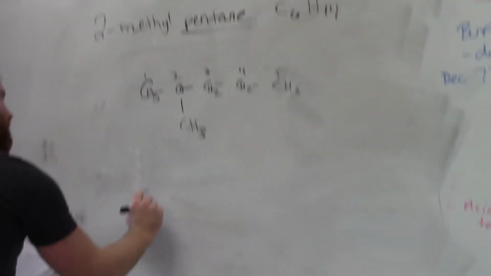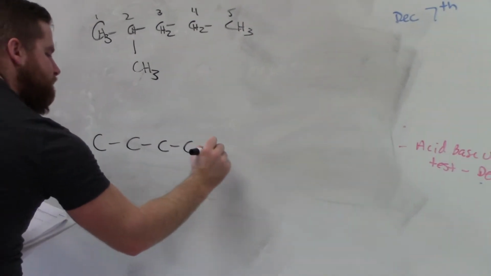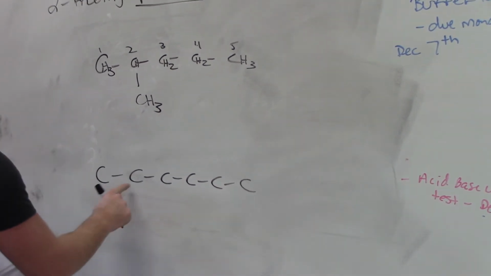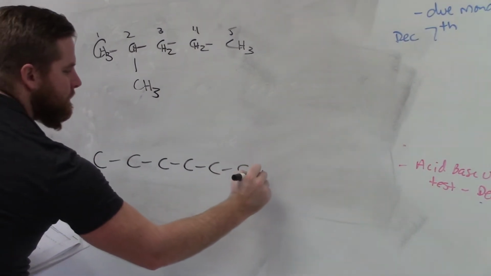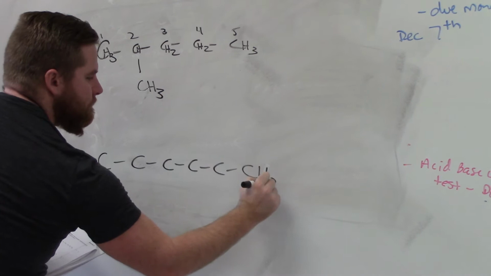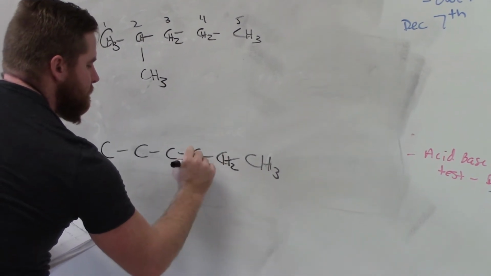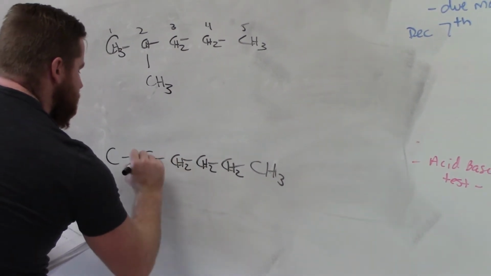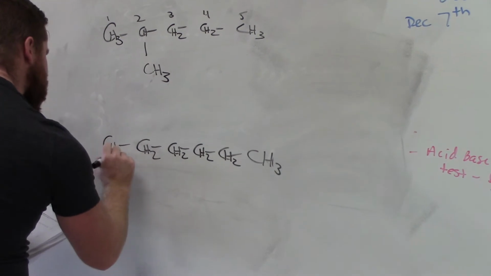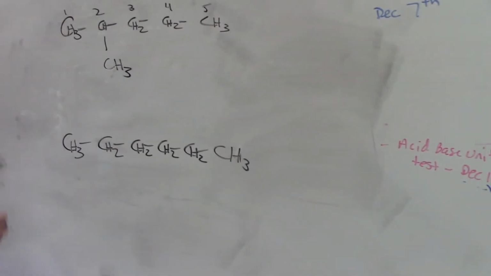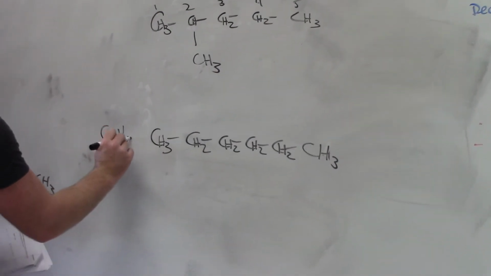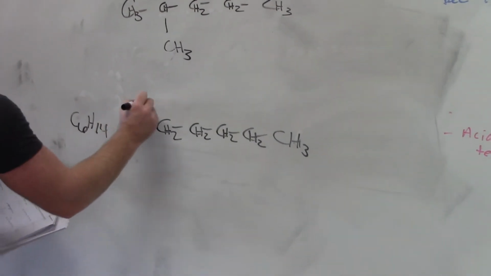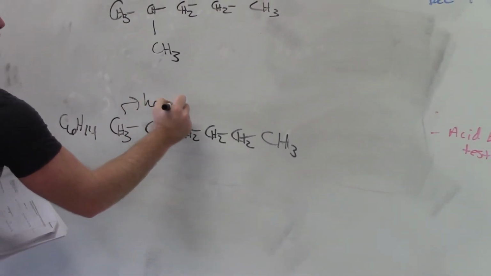Now if I look at this molecule, 1, 2, 3, 4, 5, 6. Okay, this is also C6H14. This is hexane though, right?